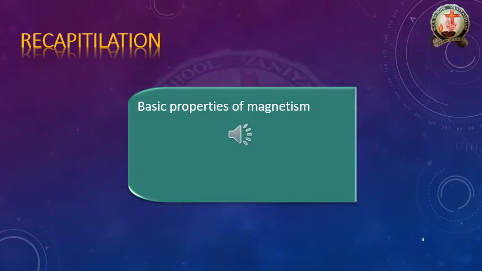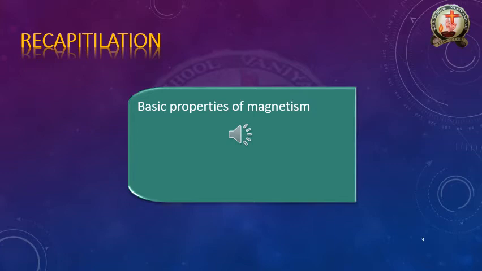Not only these three, I told you some other properties also. What are those other properties? A freely suspended magnet will always show the north-south direction. Next point, other properties of the magnetic field: the magnetic field is more at the ends of the magnet compared to the middle of the magnet.